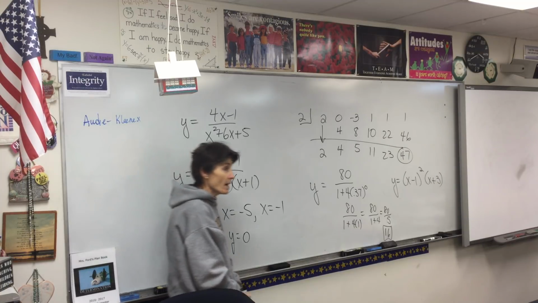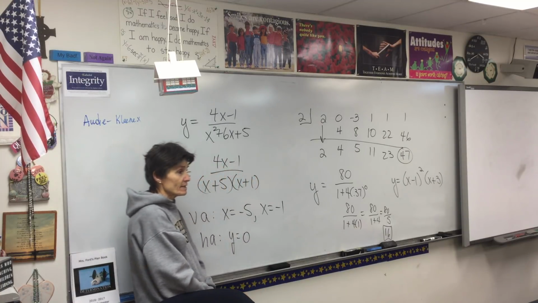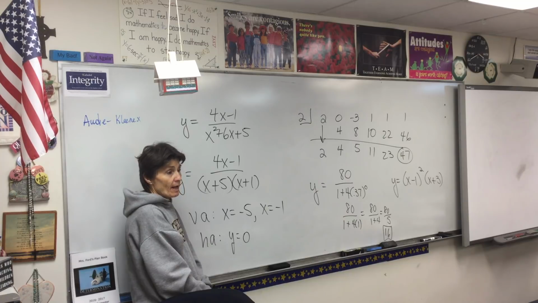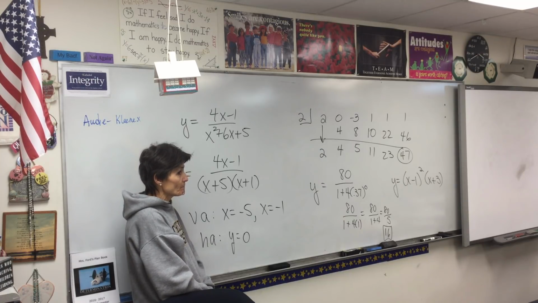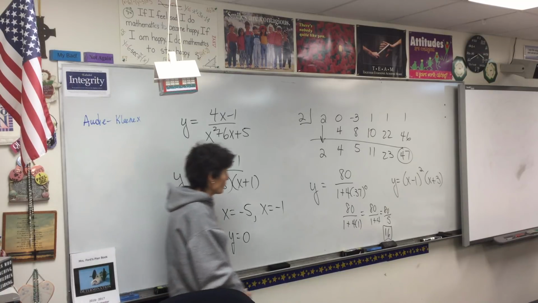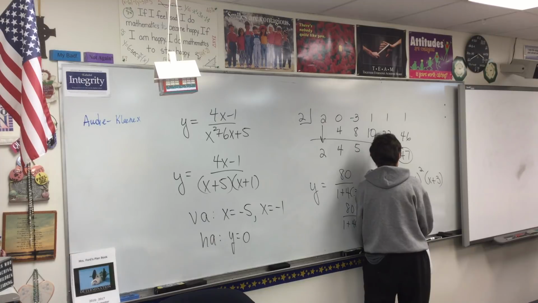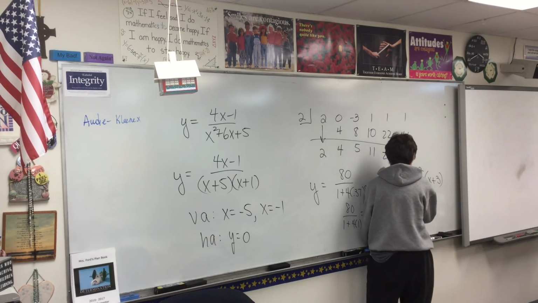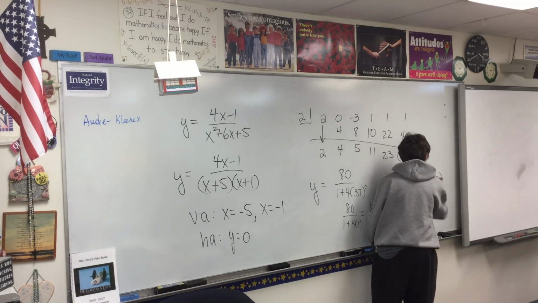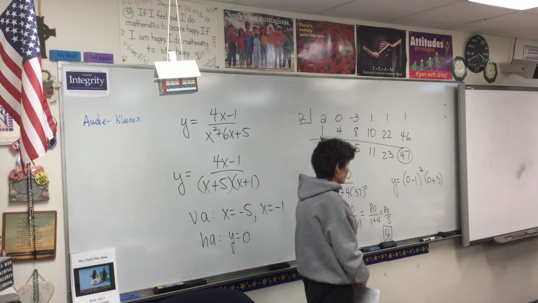So one more time, no matter what the equation looks like, how do I find a Y-intercept? I let x be 0. So when I look at the next one here, I'm going to let x be 0. I'm just going to put zeros in there for those x's.